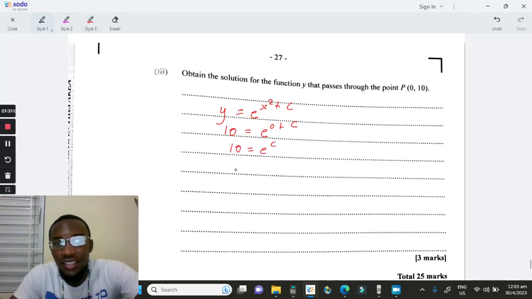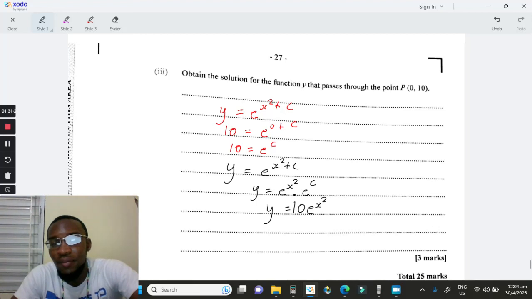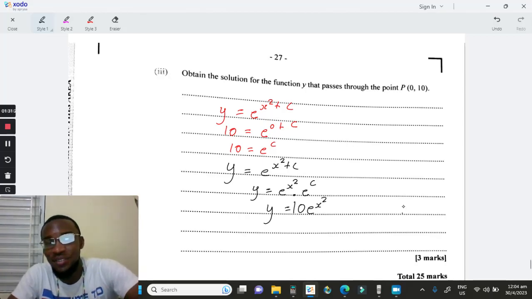Since y is equal to e to the x squared plus c, we can rewrite that as y equals e to the x squared times e to the c by laws of indices. E to the c is 10. So y is equal to 10 e to the x squared. That's our answer.